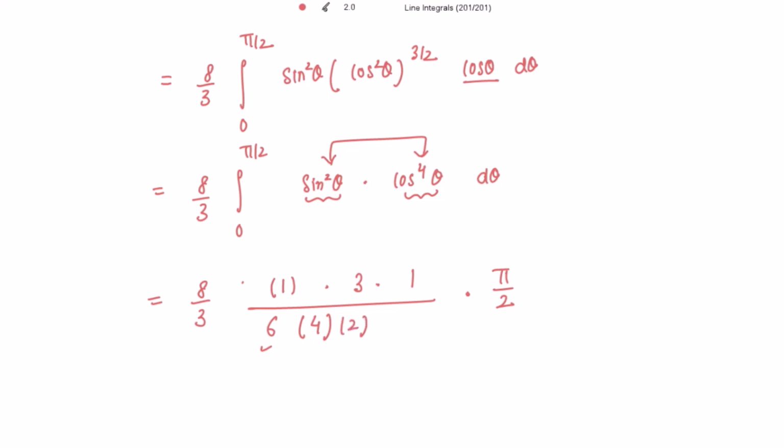That's it. These are all multiplied with each other. So cancelling, 3 is cancelled by this 2. Then we get 2 fours are 8. So this is pi divided by, 3 times 6 is 18, 6 twos are 12. So pi by 12 is the required answer to this problem.